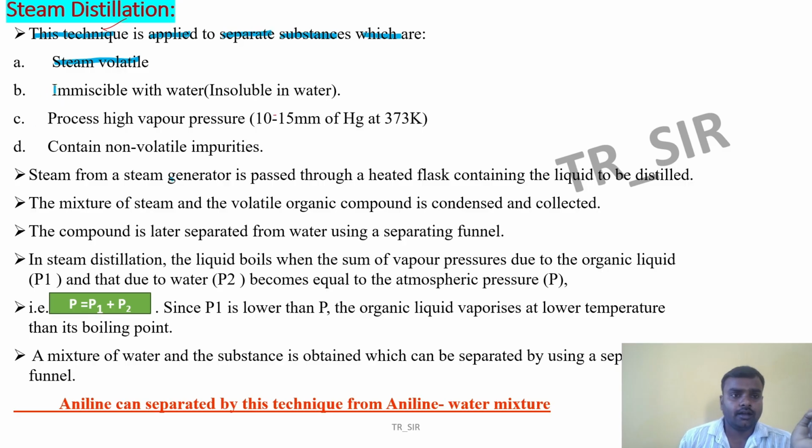Now, immiscible with water: the substance should not dissolve in water. The organic compound to be separated is insoluble, immiscible, nothing but not dissolved.